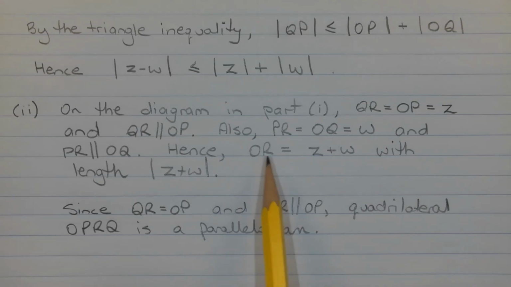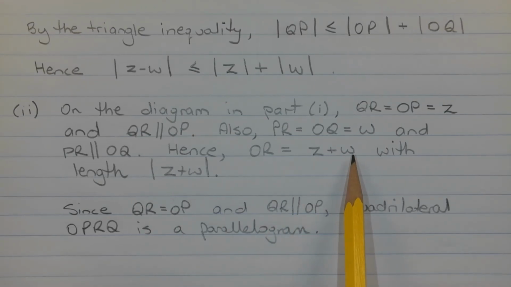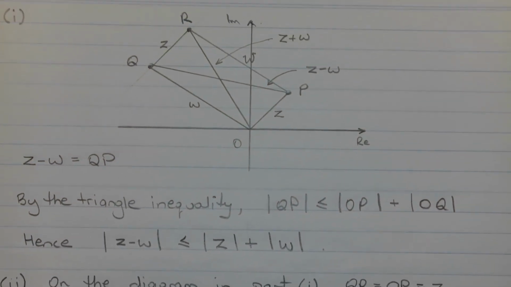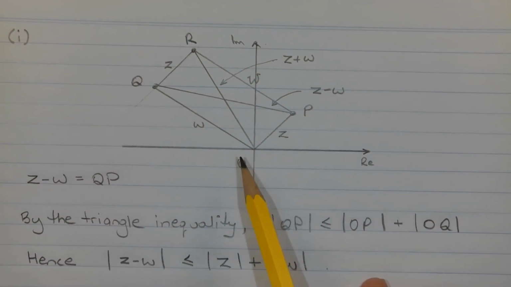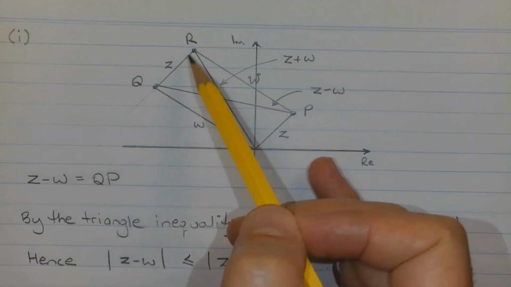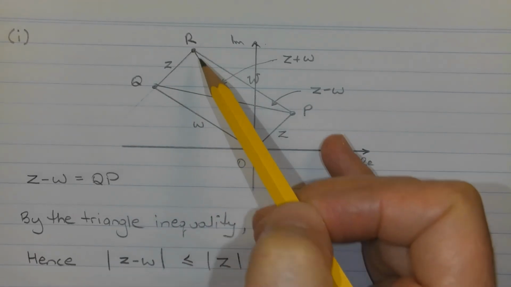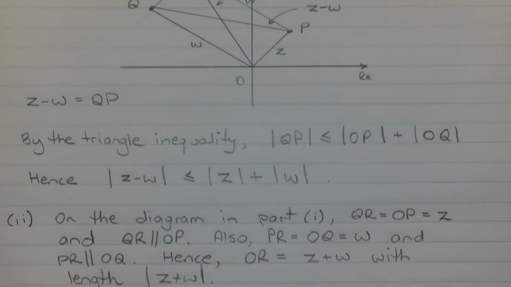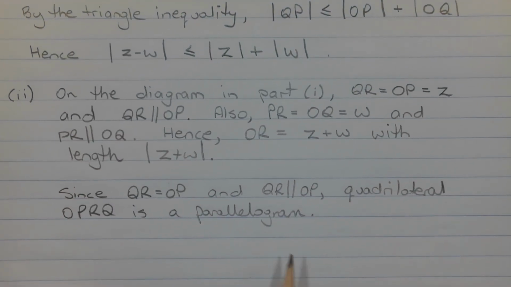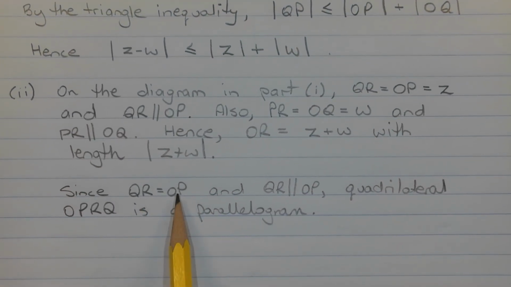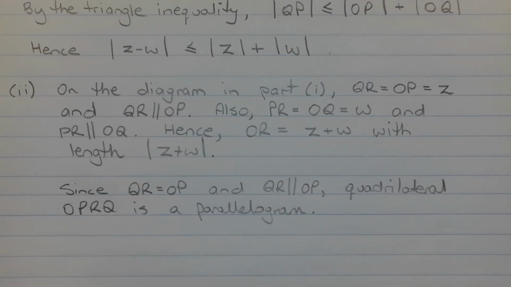Hence, OR is equal to Z plus W using vector techniques with length mod Z plus W. So going back to the diagram, using vector techniques, if we treat OQ as a vector and QR as a vector, then Z plus W is vector OR. Now, since QR equals OP and QR is parallel to OP, quadrilateral OPRQ is a parallelogram.